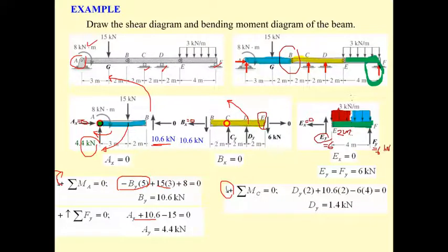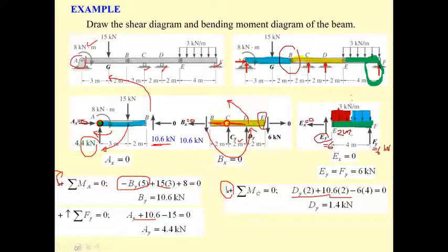D sub y times this distance, which is 2, and then we have 10.6 rotating the same as D sub y. So this is also times 2, and they are plus.